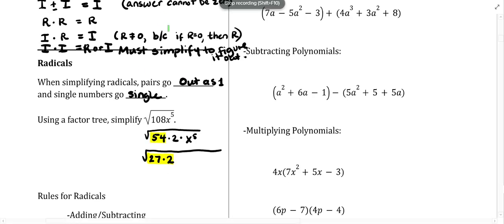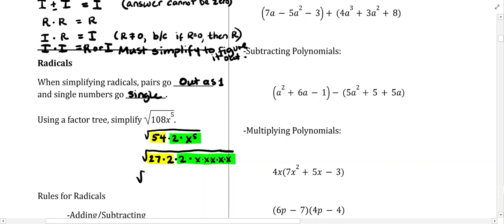All the other ones I'm going to carry along, right? So it's going to be times 2 times 5 x's, right? That's the green portion. And then, 27 is not even, but it is divisible by 3, right?